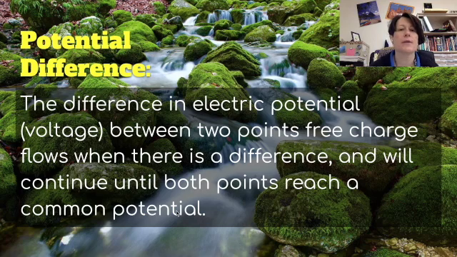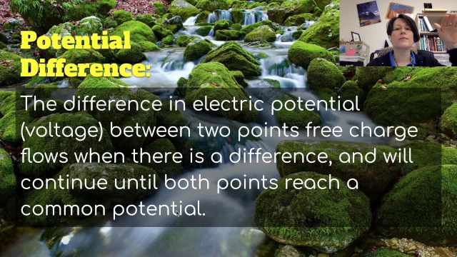So the first thing we need to talk about is potential difference. This is the difference in an electric potential voltage between 2 points. Free charge flows when there is a difference and will continue until both points reach a common potential. So like water will not flow unless there is a difference in the potential energy.